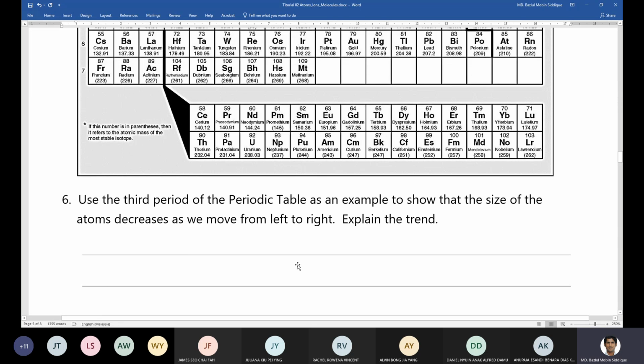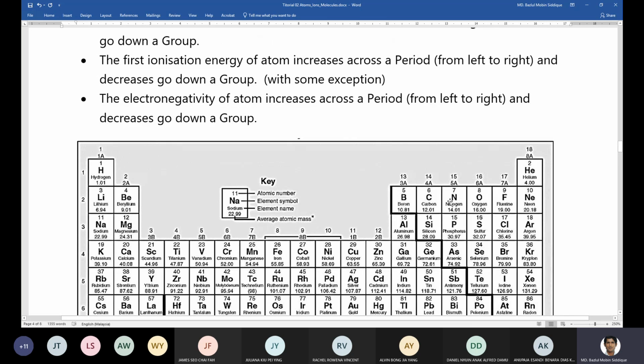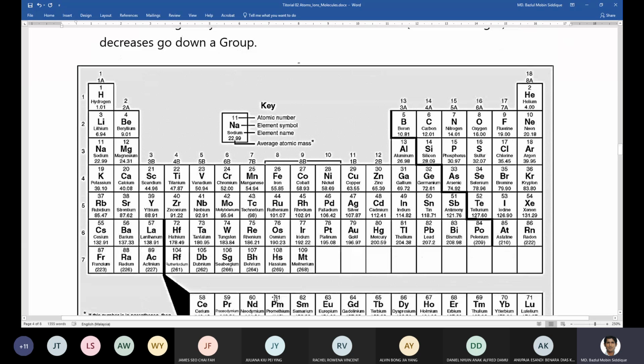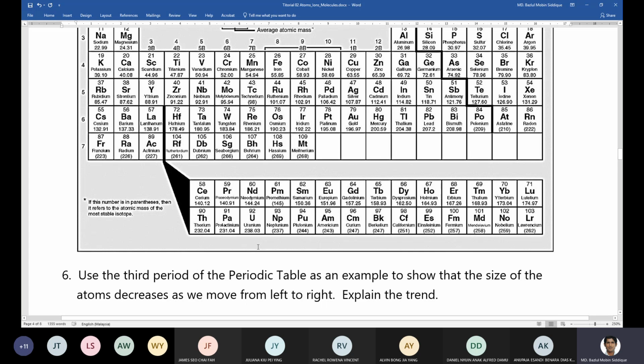Yes, nitrogen is bigger because nitrogen is sitting on the left side of fluorine, right? Fluorine is on the right. So as we go from left to right, the size starts to reduce. Another reason is that nitrogen has fewer protons, a lower atomic number, than fluorine.